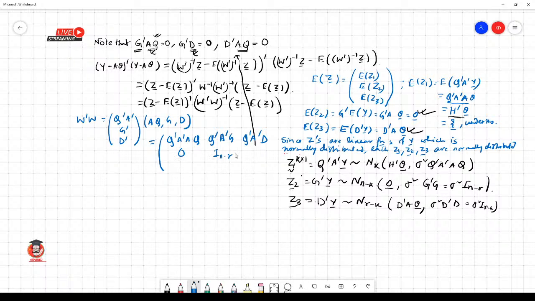Identity matrix of order n minus r, 0 matrix, 0, 0 matrix, I r minus k.